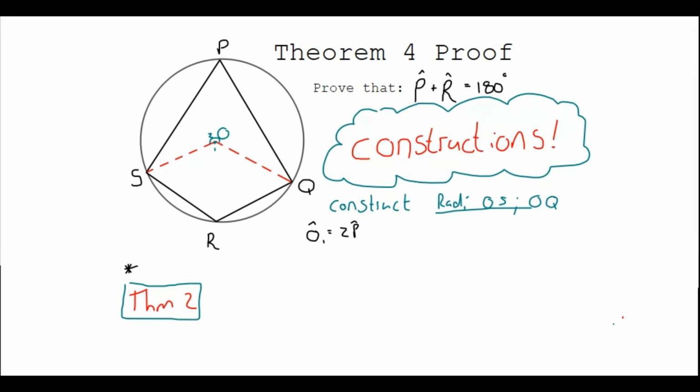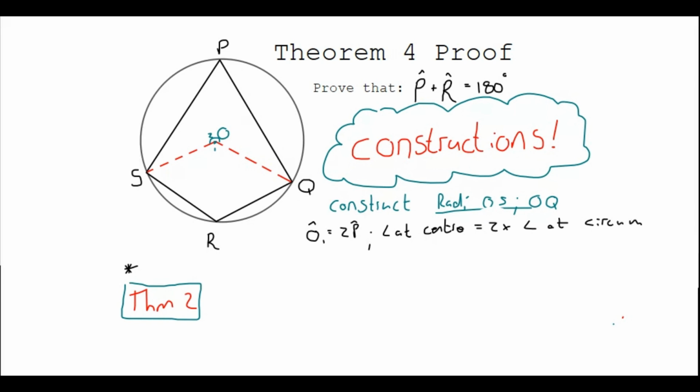It helps you understand the theorems a lot better. The reason is angle at center equals 2 times angle at circumference.